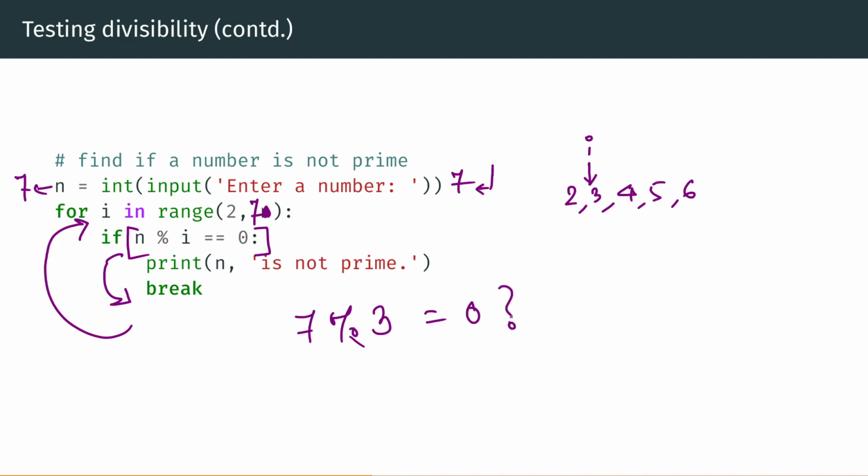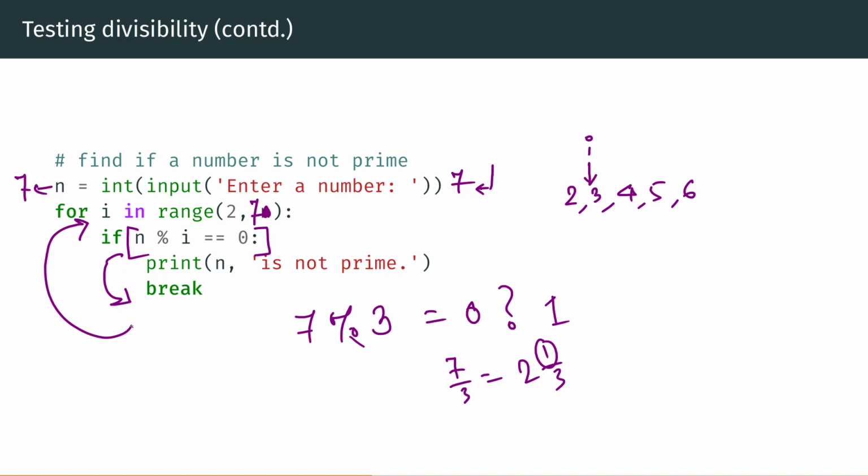That's the question I want to ask. And again, 7 divided by 3 would leave me a remainder of 1, because 3 times 2 equals 6, and then there's 1 remaining. So it's like a mixed fraction: 7 over 3 equals 2 and 1 over 3. So there is a remainder, and this will again evaluate to false.